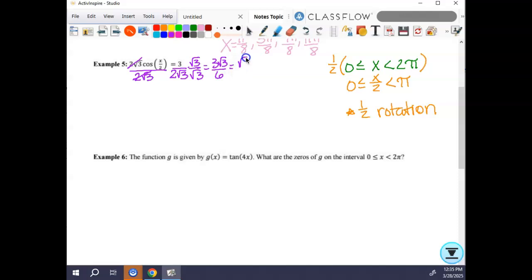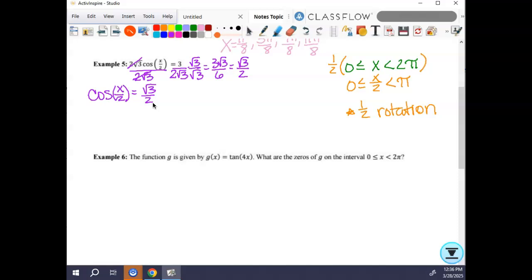Yes, and I get square root of 3 over 2. So that gives me cosine of x over 2 is equal to square root of 3 over 2. You think I could just right here go ahead and multiply both sides by 2 and get rid of the 2's in here and here? No, because that's on the inside, so that's totally illegal.